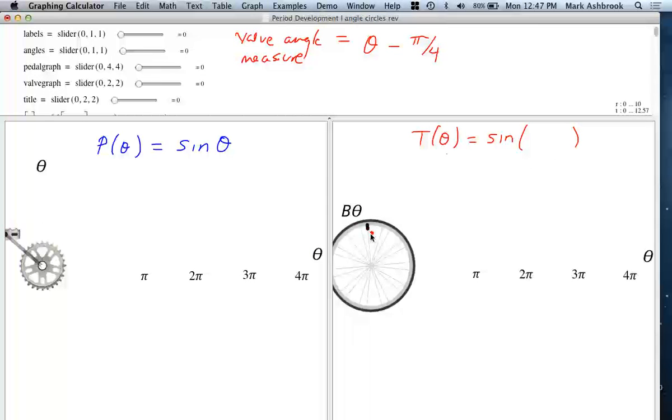How are we expressing that tire valve angle in terms of the pedal angle? You want sine of theta minus pi/4. That's it. If the output is about the tire valve, then what goes into sine has to be about the tire valve, and that's our theta minus pi/4.